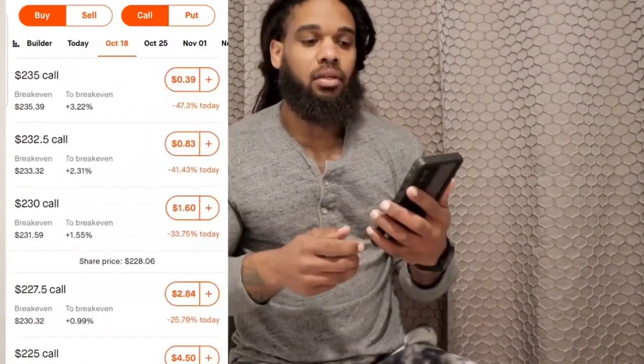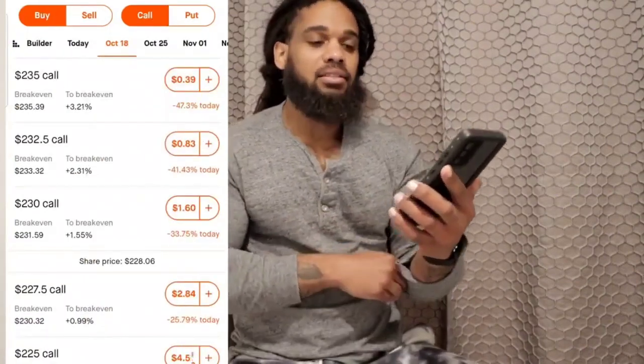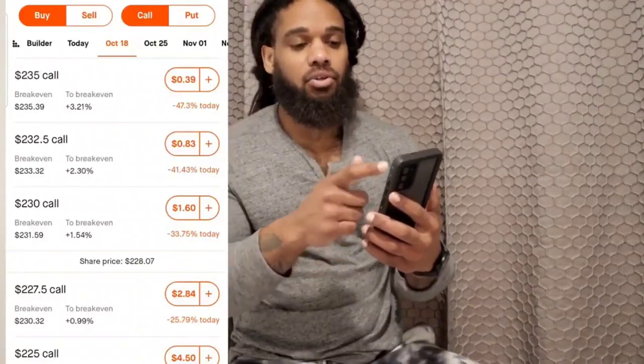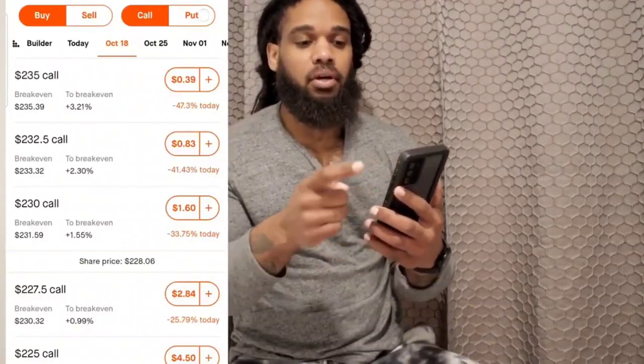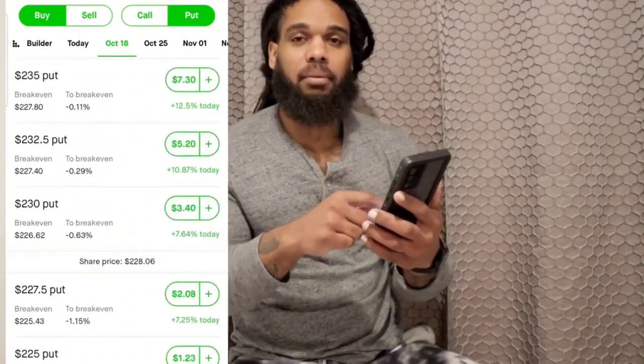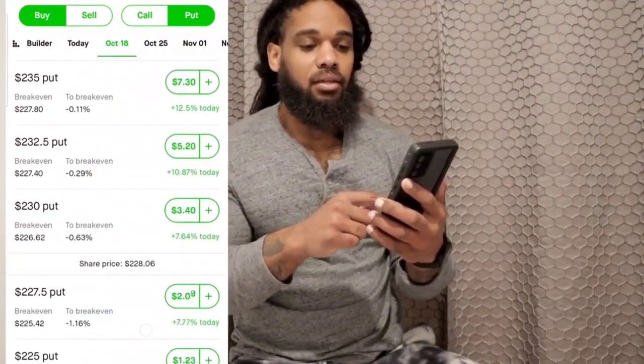Now if you're betting that the stock is going to go down, you're going to press the put button over here, and then you're going to see the different strike prices.